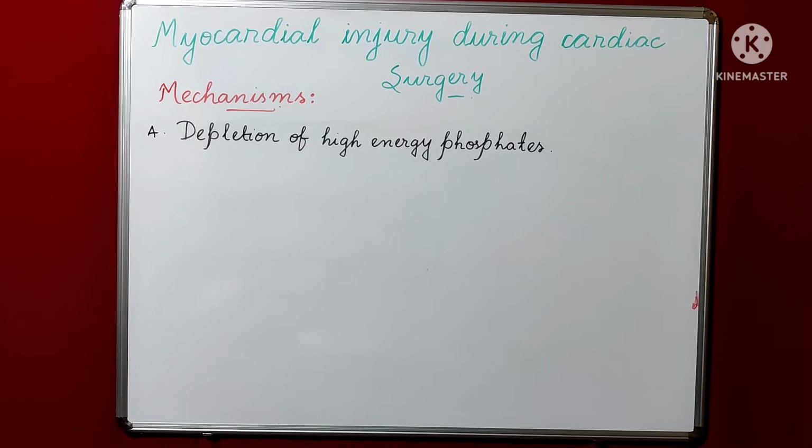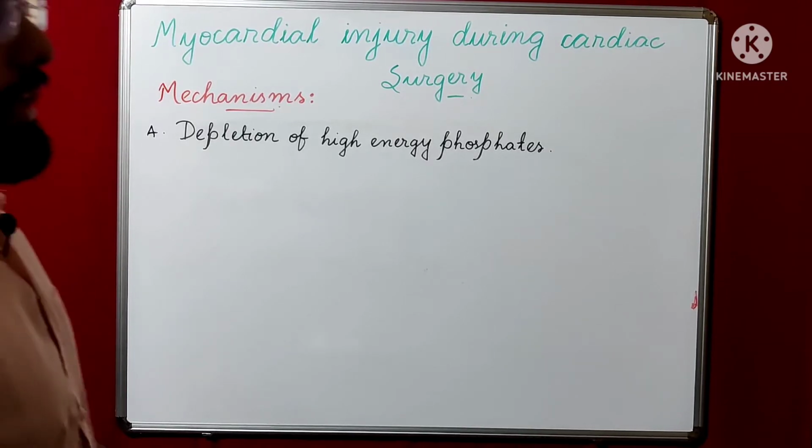Now after ischemia, when we reperfuse the myocardium, the breakdown product of high energy phosphate will be washed out, and this will prohibit the rapid conversion back to ATP once the perfusion is restored.